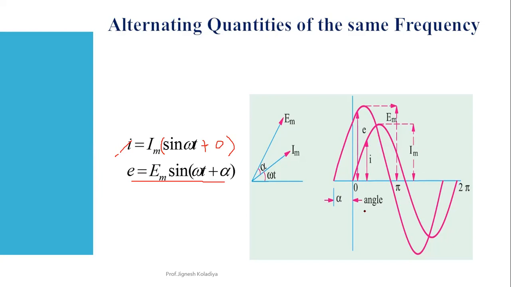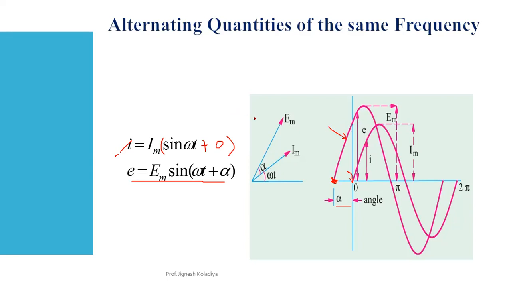So you have to provide the alpha degree in between these two. So you can see angle alpha is provided. That means at this point your voltage is crossing 0. So after alpha degree, the current is going to cross that point. In this way we can say this voltage indicates the leading relation with the current.